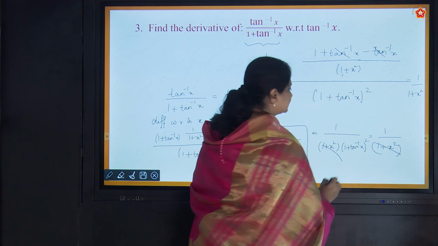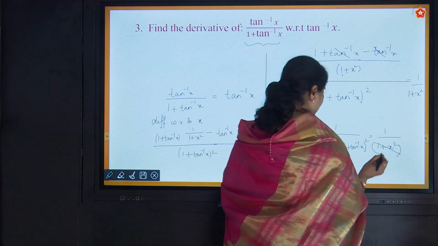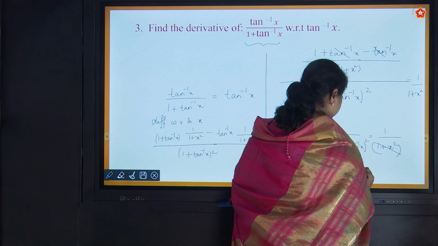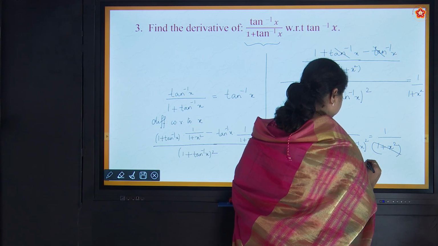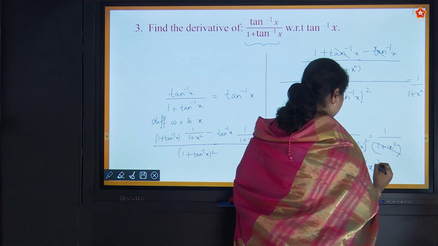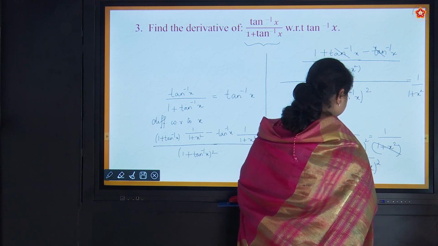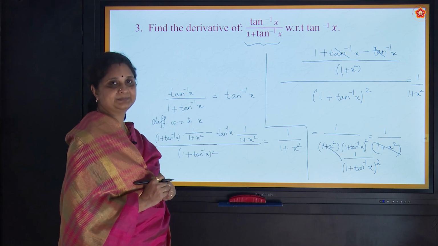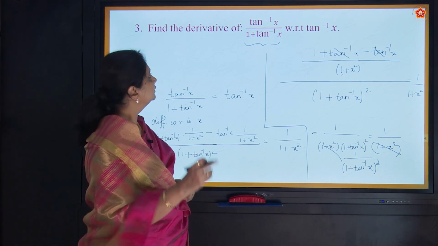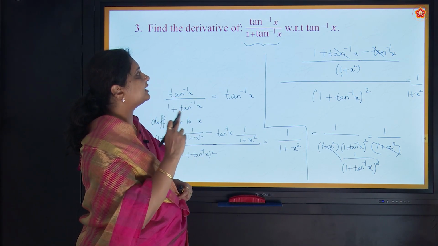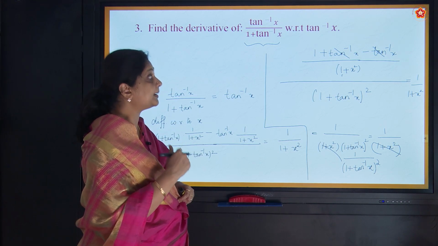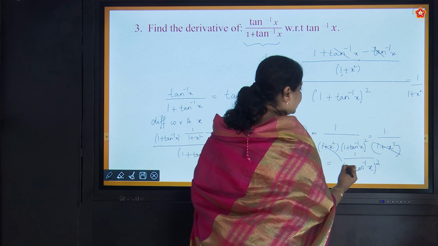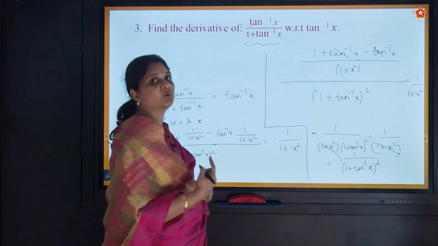So this gets cancelled out and I get 1 by 1 plus tan inverse of x, the whole square, as my dy by dx. So the derivative of tan inverse of x by 1 plus tan inverse of x with respect to tan inverse of x is nothing but 1 by 1 plus tan inverse of x the whole square.